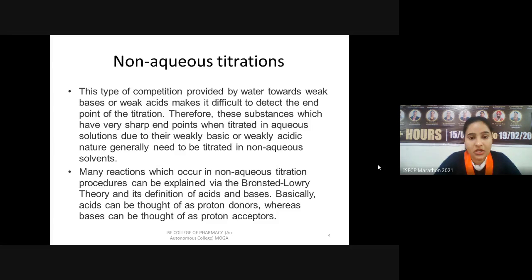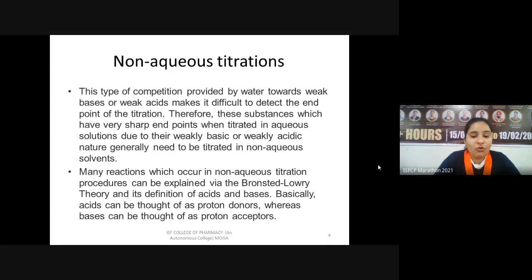So acid is a proton donor and base is a proton acceptor. Non-aqueous titrations are based on this theory and its definitions of acids and bases.